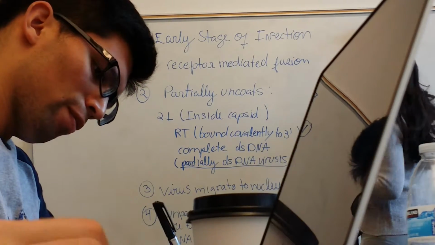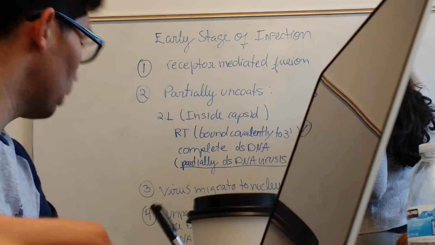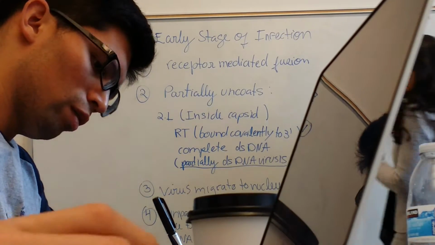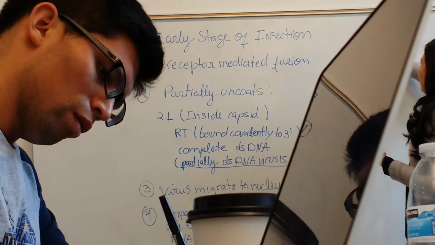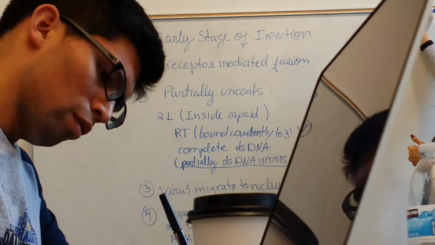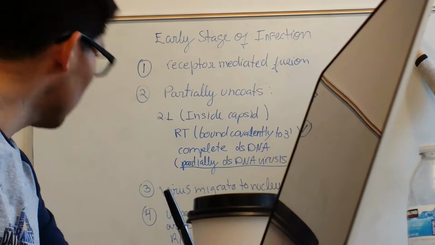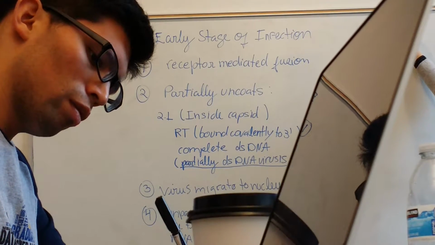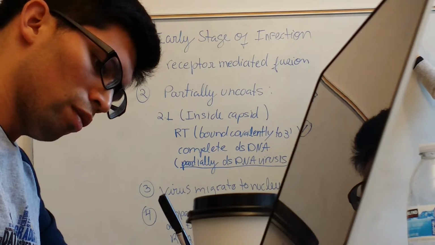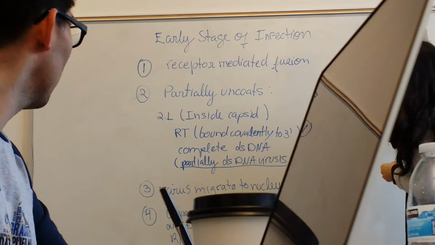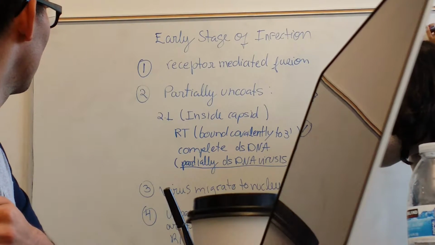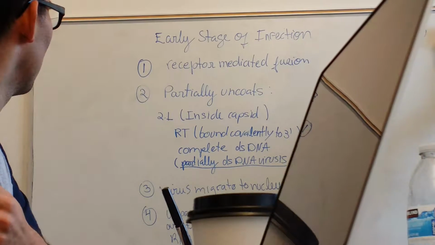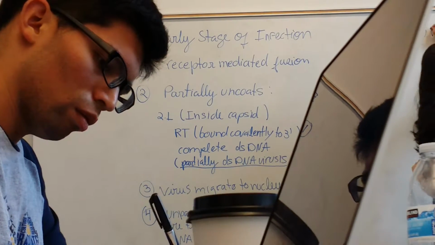Let's talk about 4.1 here. Let's talk about the characteristics of those messenger RNAs. Are they capped? Yep, they are. So they're capped. Do they have poly A tails? Yes.